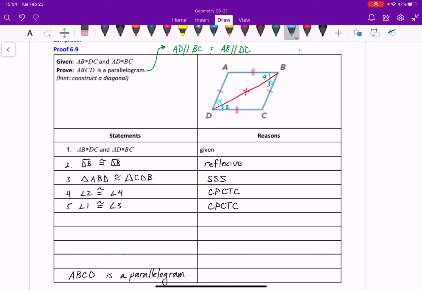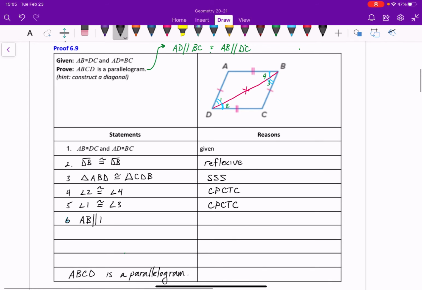So here I can say that AB is parallel to DC because the alternate interior angles are congruent.